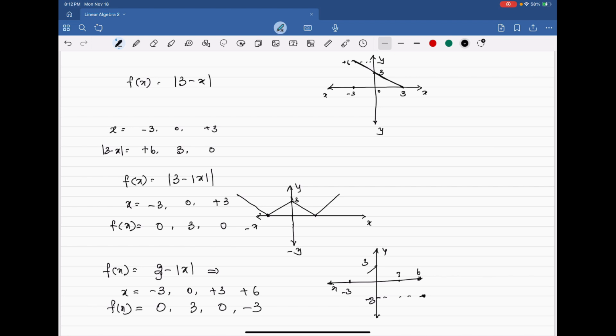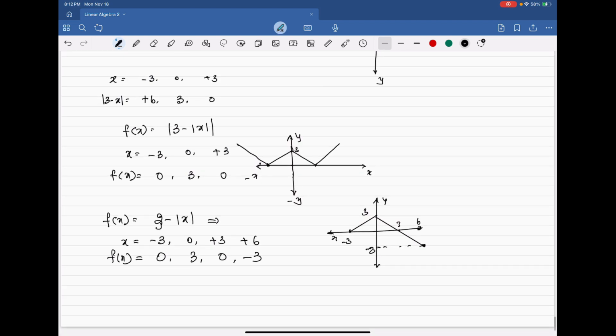The graph is like this. This is different from the previous one. The previous one had a total absolute, hence it was above the x-axis, whereas here the total absolute is not there, hence it can even go below the x-axis also.